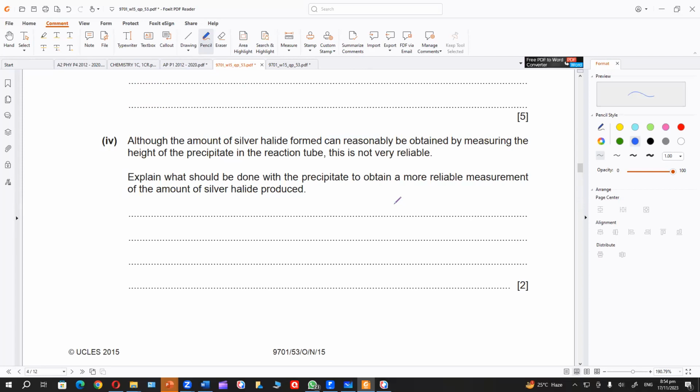Although the amount of silver halide formed can reasonably be obtained by measuring the height of the precipitate in the reaction tube, this is not very reliable. He says that the height of the precipitate can be misleading.